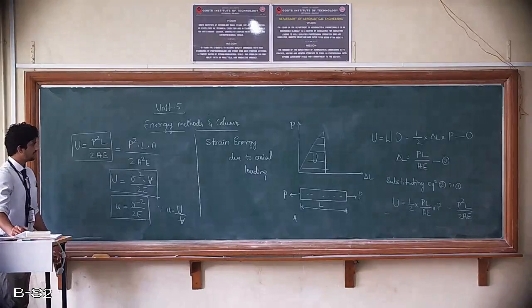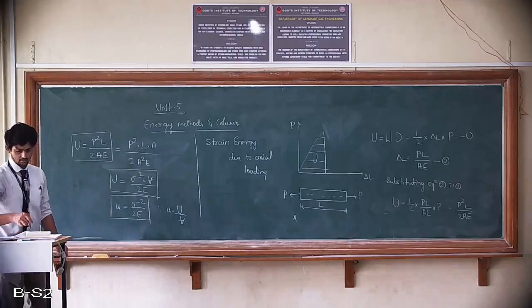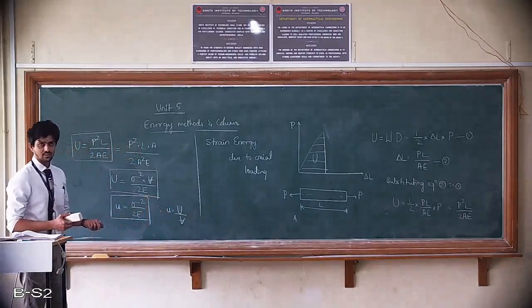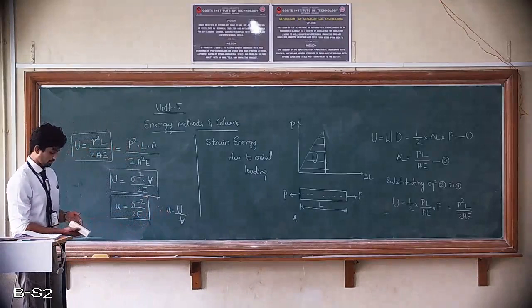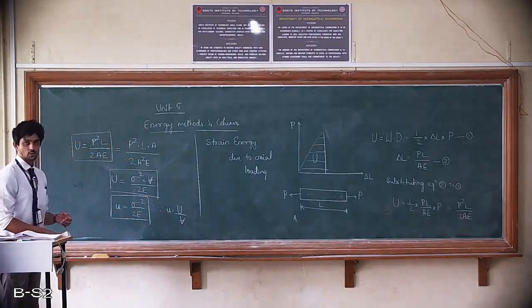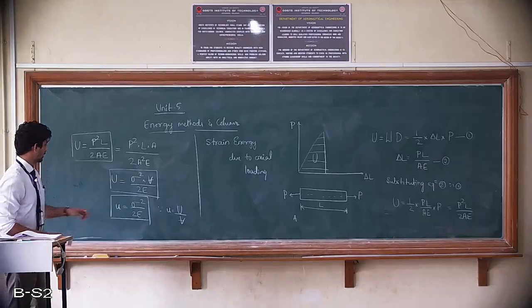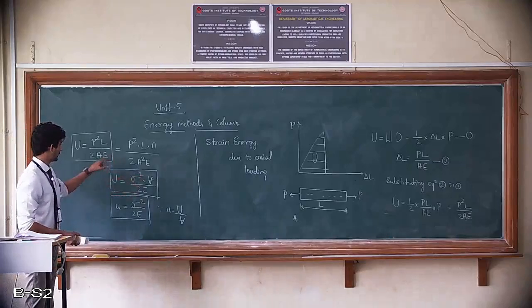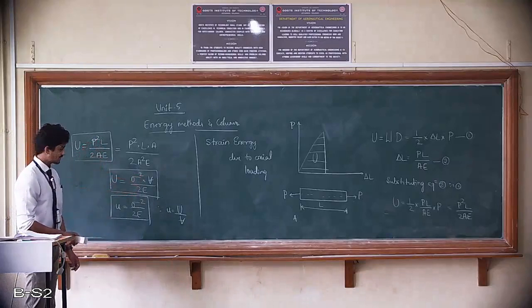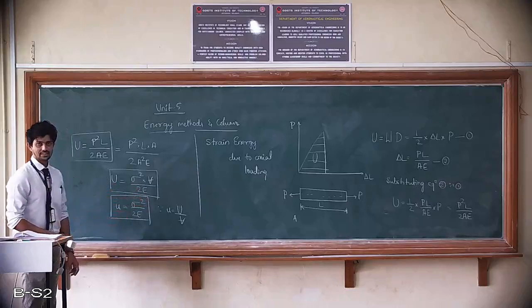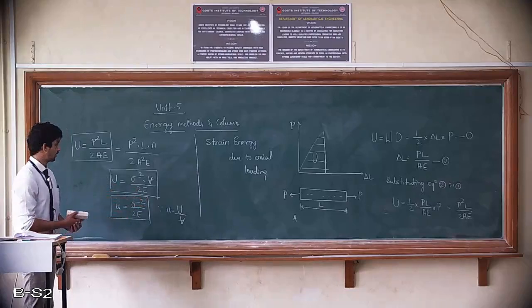Now there can be a numerical, like deduce the strain energy for a given structure having a certain length, certain cross-sectional area, certain load and certain Young's modulus. Directly you can substitute in this equation and get strain energy. And if resilience is asked, just dividing by the volume will give you the resilience due to axial loading.